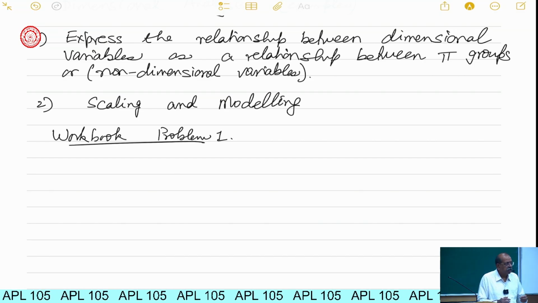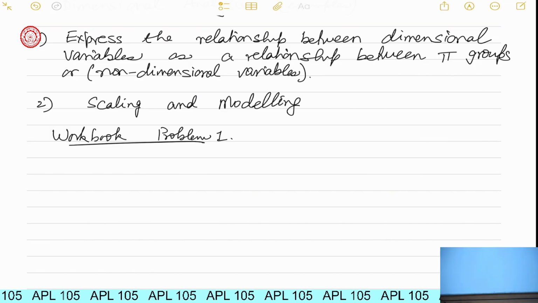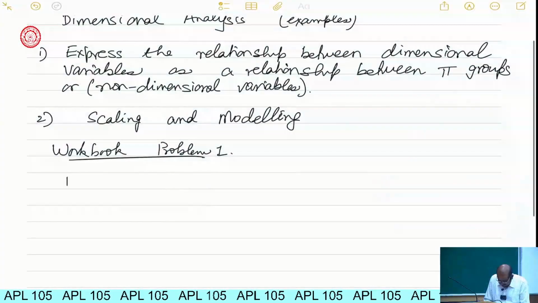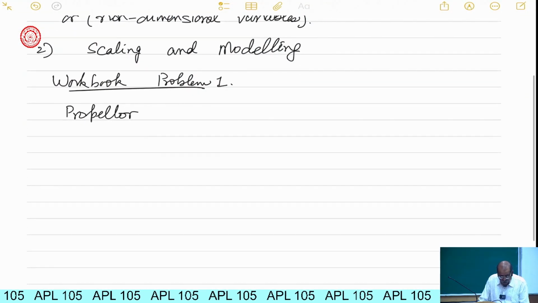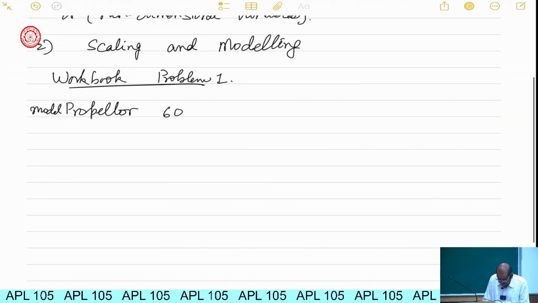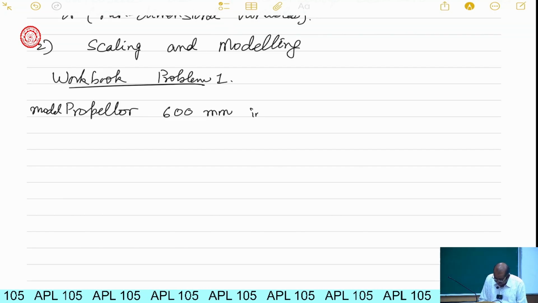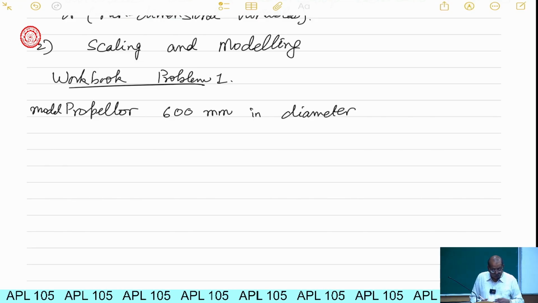Problem 1. If you have the workbook on your devices, you can open that. So this is the first problem. It says there is a model propeller 600 mm in diameter, which is tested in a wind tunnel.